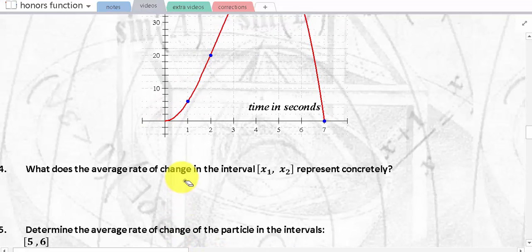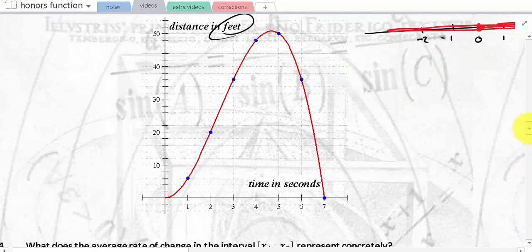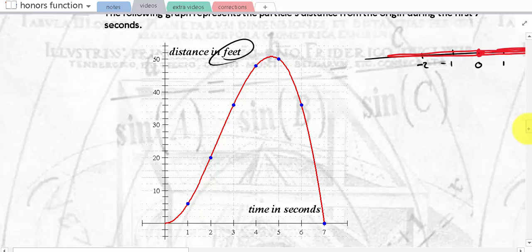What does the arc in the interval x1, x2 represent? Well, so the average rate of change when the function models a concrete situation, you will have some unit, right? So the unit for the y is in feet.